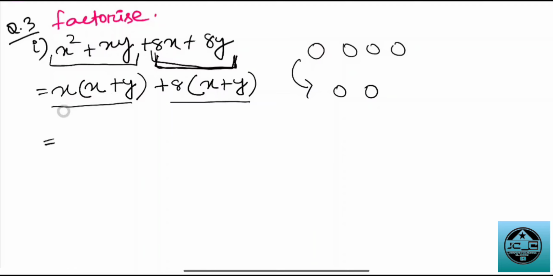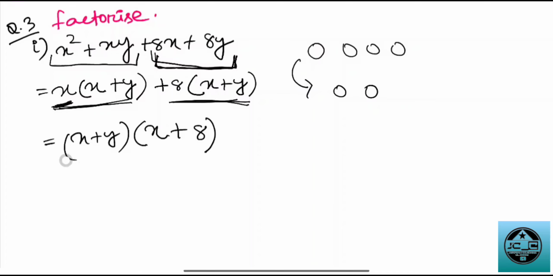If we take the common x plus y out, what remains in the first term? x. And in the second term? 8. Now all 4 terms have been converted into one term, the product of their factors. The factors are x plus y and x plus 8. Is that clear?